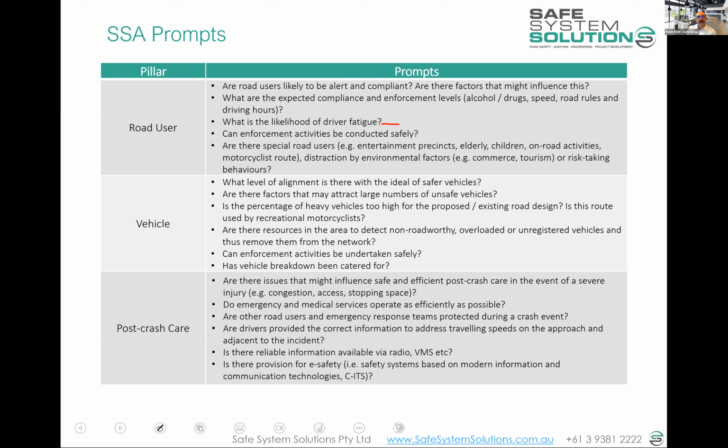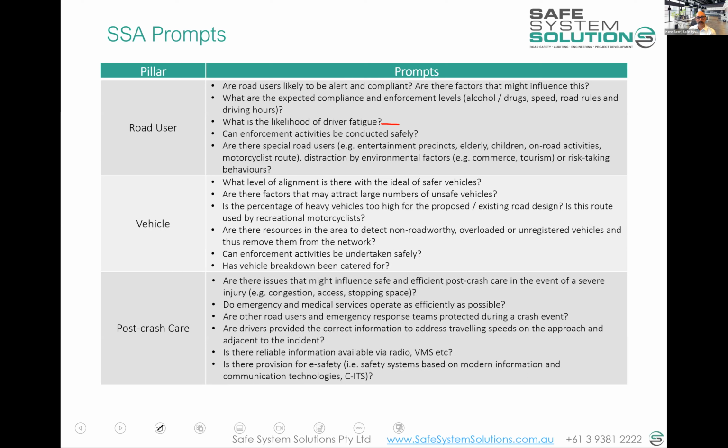Then vehicle stuff. What is the level of alignment with the ideals of safer vehicles? Now, that's often one where people just go, I don't know. The reason that's in there is that the Safe System Assessment Framework is very scalable and can be used in a whole lot of different scenarios.